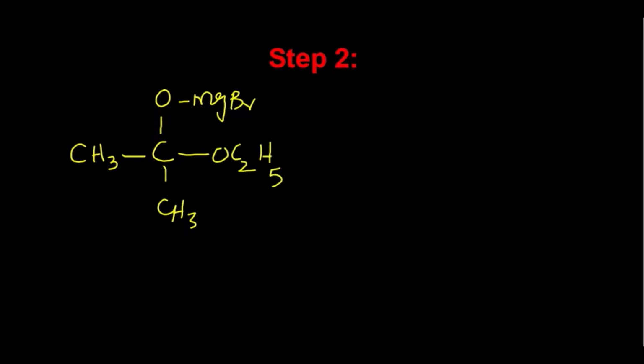This is the unstable intermediate, students, and if we do its hydrolysis, then what will happen? Oxygen has a negative charge on it. If we do its hydrolysis, this negative charge is shifted between oxygen and carbon, and the bonding electron density goes to this oxygen.